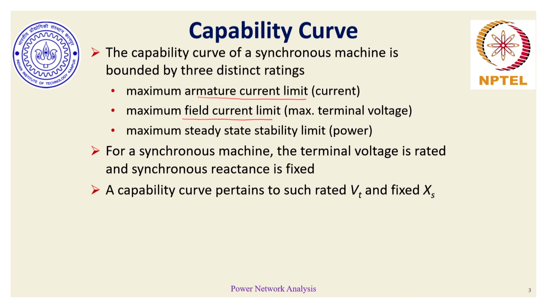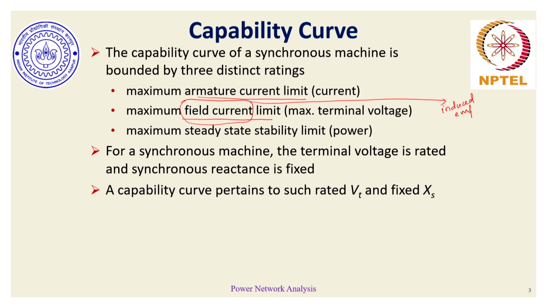Indirectly, if we recollect the lecture discussion on induced EMF, where we also talked about armature reaction and the generator being loaded and unloaded, we also saw that the field current or rotor current influences the EMF induced in the three-phase stator windings.